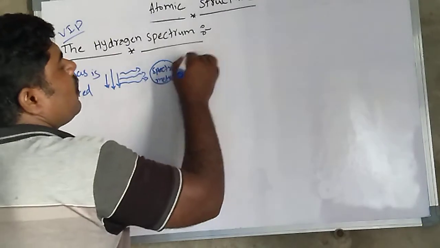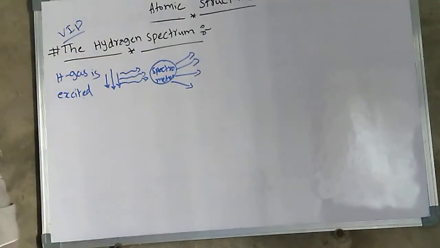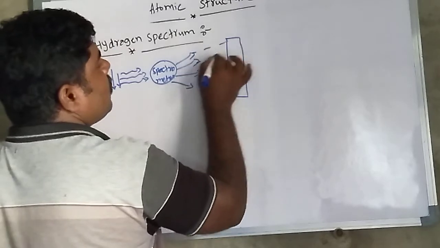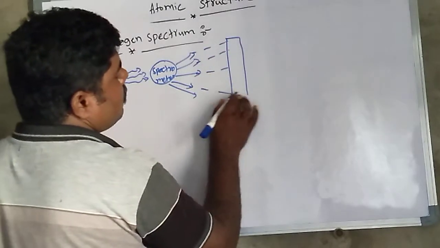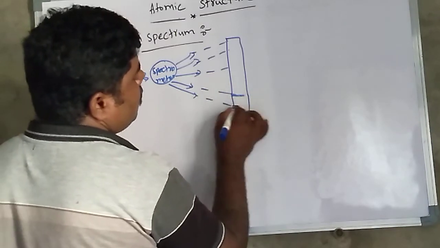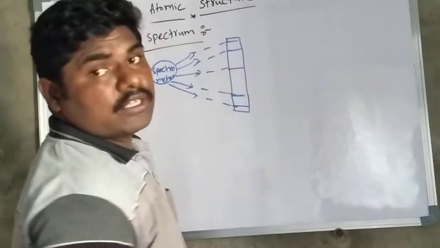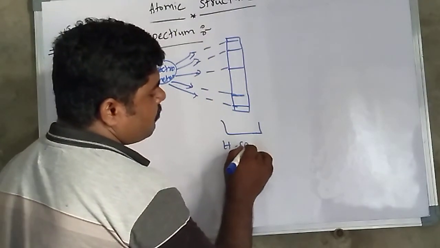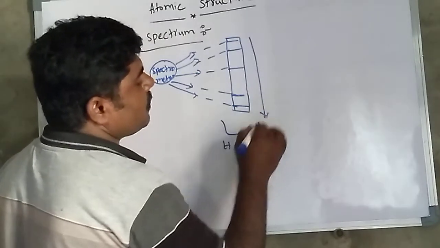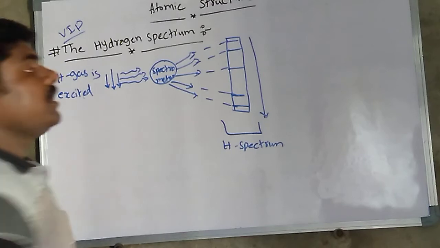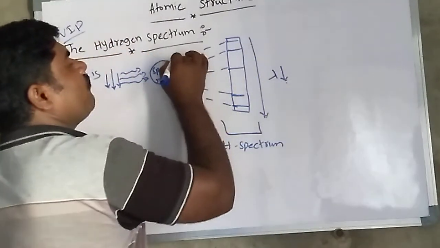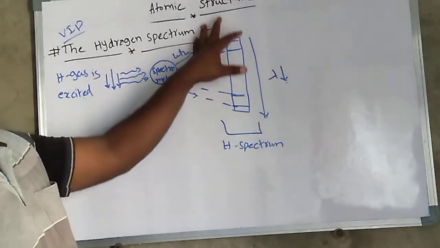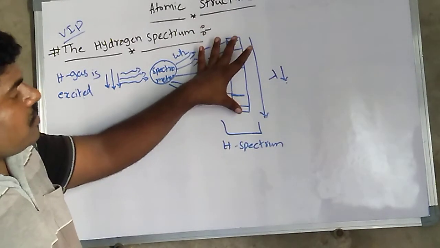The wavelengths are allowed to be incident on a photographic plate. This is a photographic plate, and these are all energy levels. The energy level goes from upper to lower. This is the hydrogen spectrum. Whenever the transition goes from higher to lower, the lambda value decreases, the wavelength decreases. These wavelengths are allowed to be incident on a photographic plate, and the hydrogen spectrum occurs here.